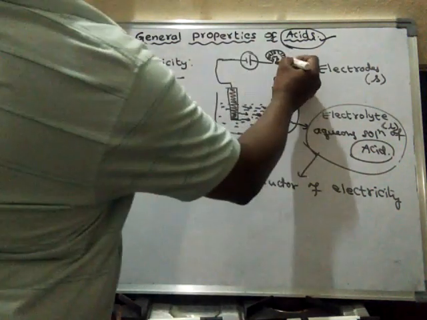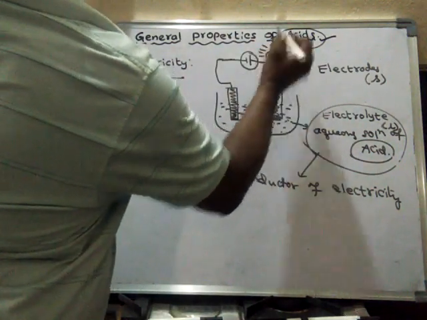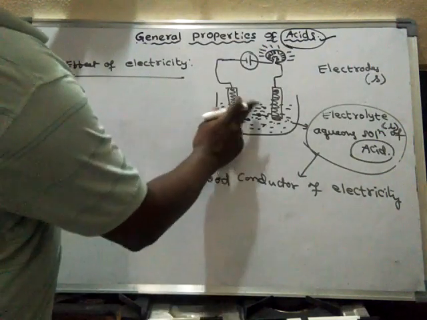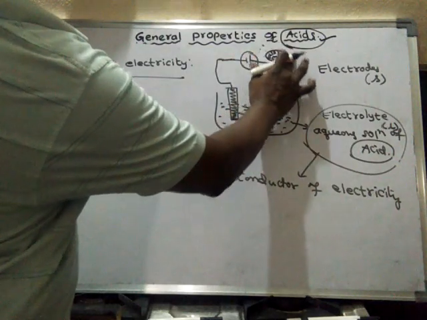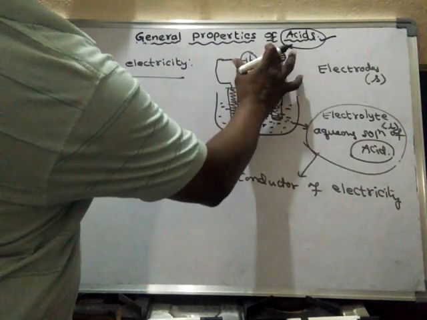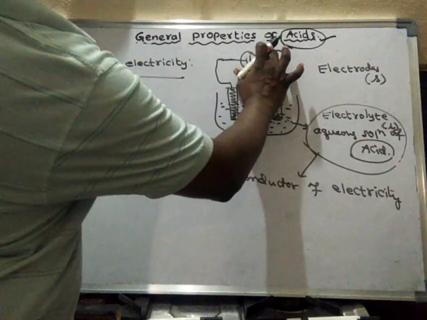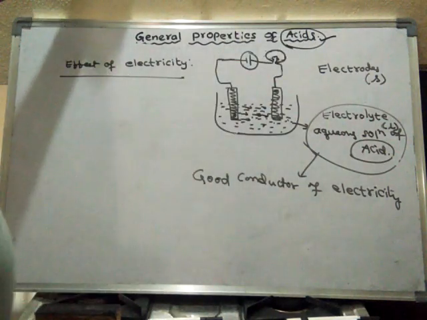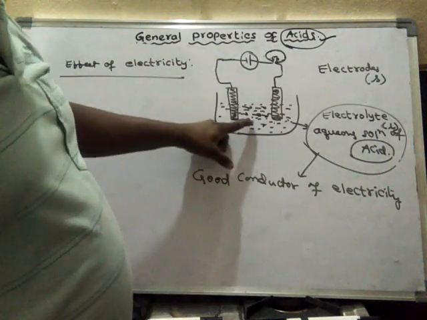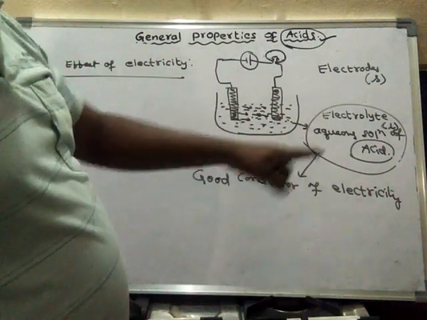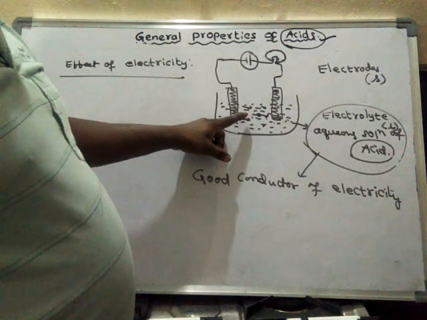If electricity is not conducted by this solution, then the bulb does not glow; it remains as it is, without glowing.